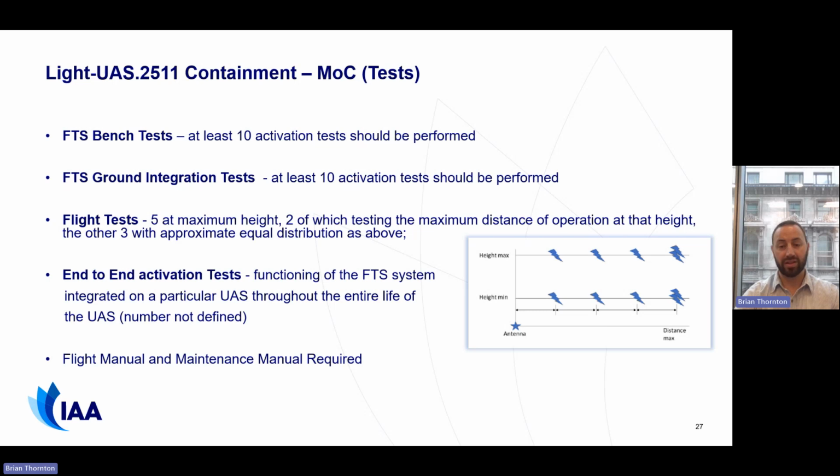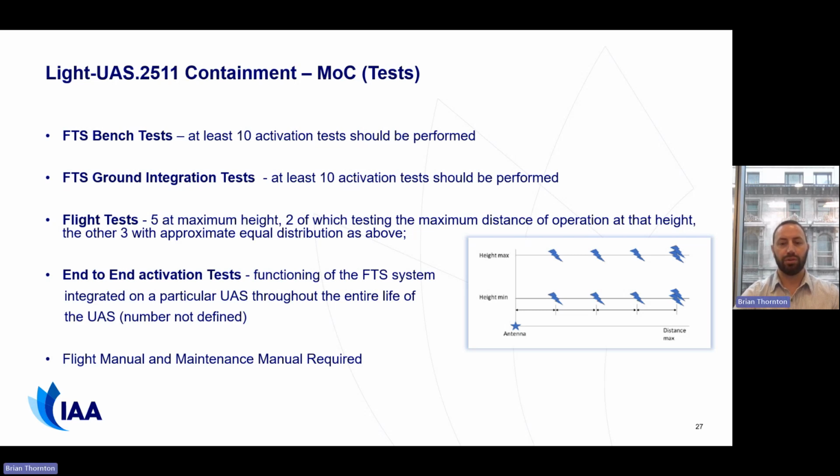Then when successful tests are completed on the bench or in a lab, the flight termination system is integrated into the UAS and tested on the ground. Likewise, 10 activations of the FTS need to be successful, and they have to be performed, evidenced and recorded.